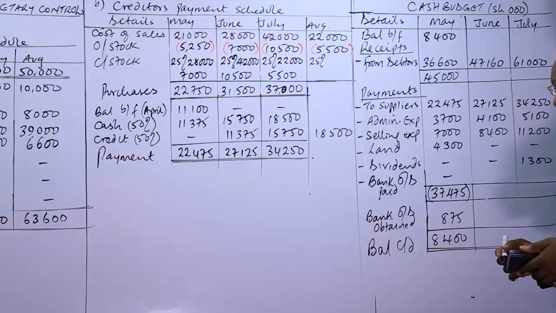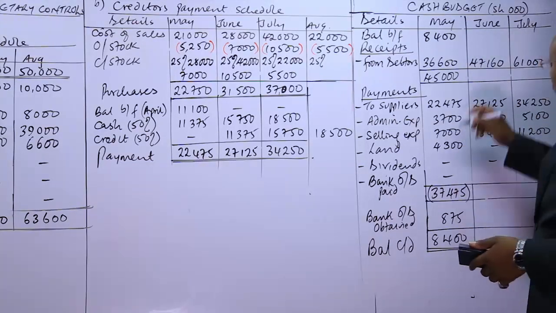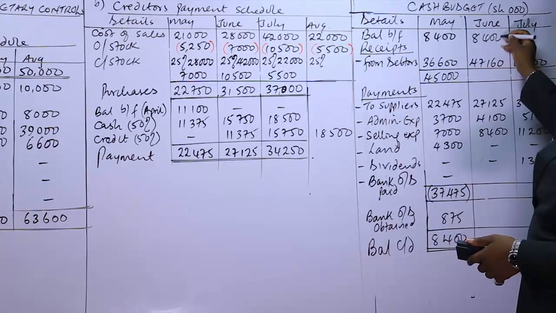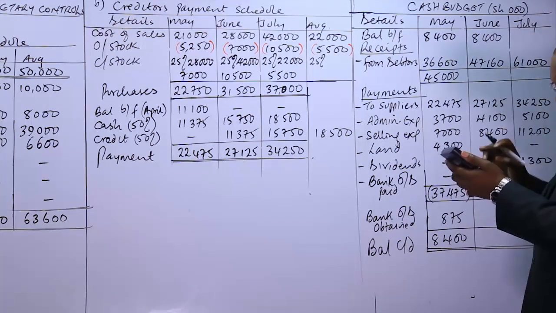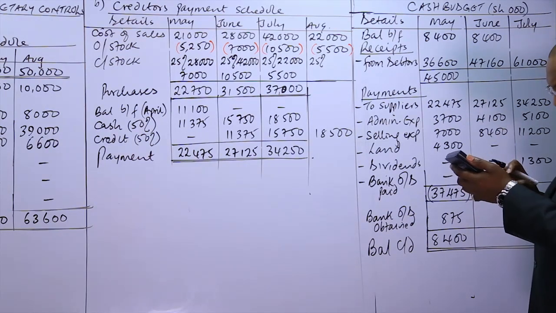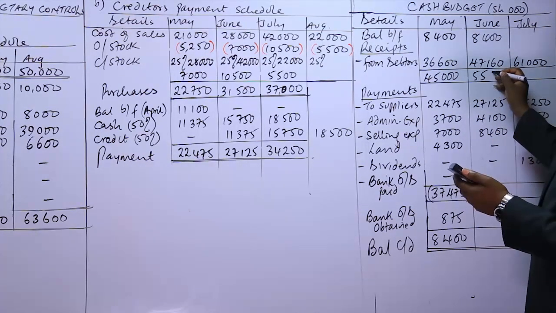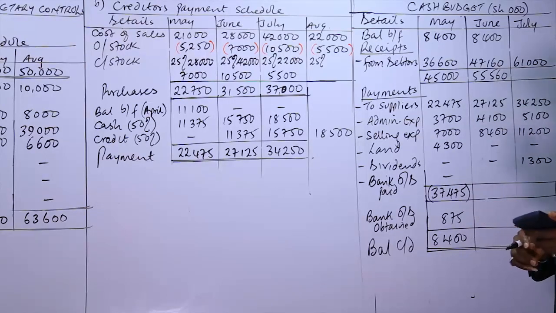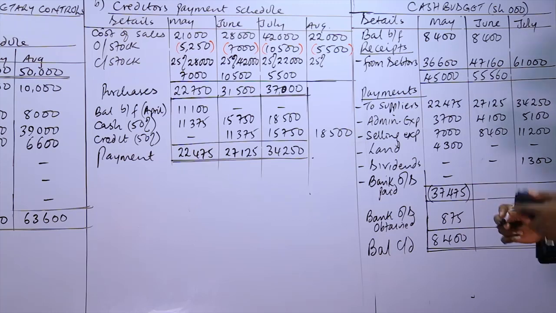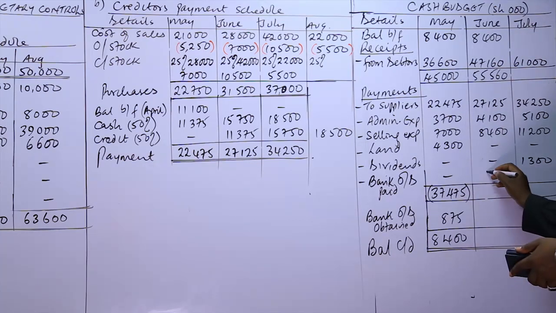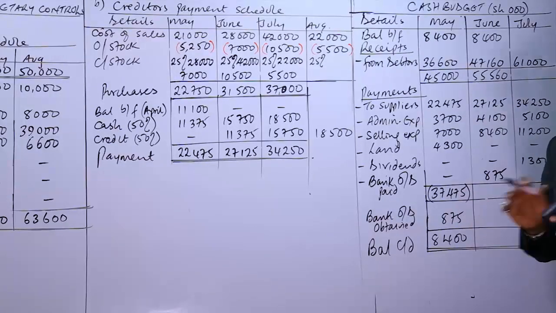When we come to the month of June, we shall begin with 8,400. Then we add the receipt of 47,160. This is going to be 55,560. Then when it comes to payment, of course, an overdraft is to be paid immediately, and therefore we shall pay it here, 875. We have not been told about any interest.